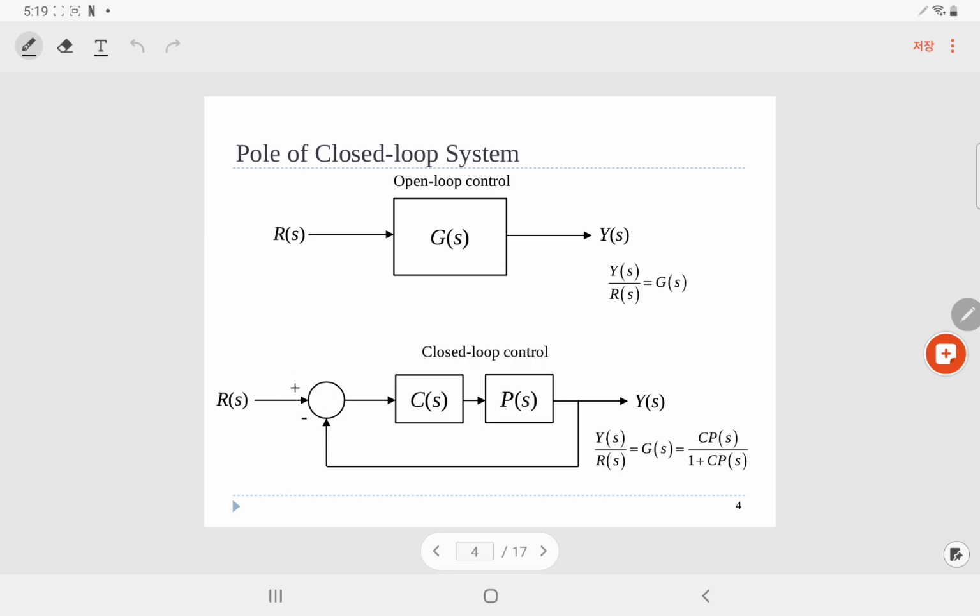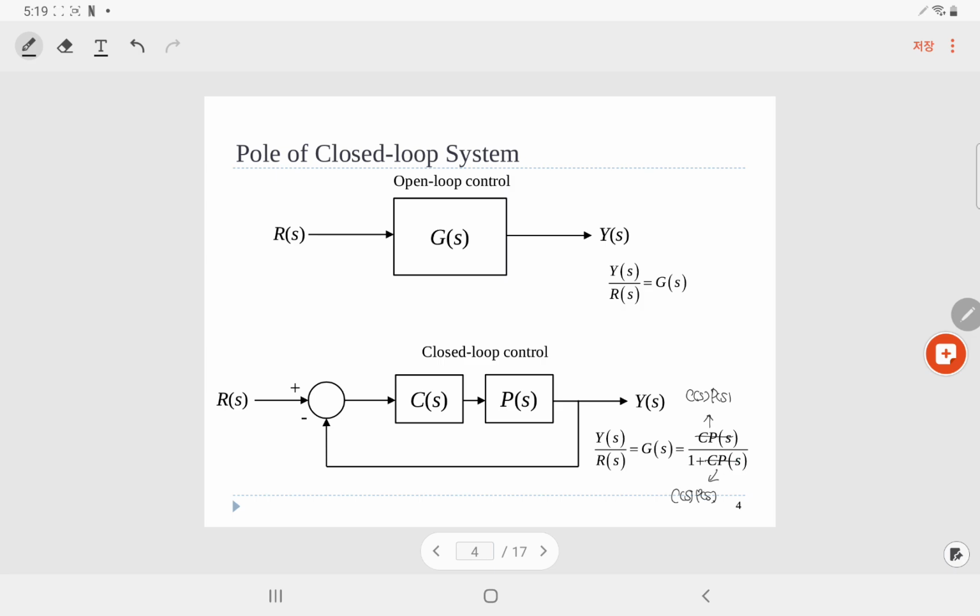For this system we can obtain the closed loop transfer function denoted by G(s) like this. Here is a typo. This should be C(s) times P(s). This is also C(s) and P(s).